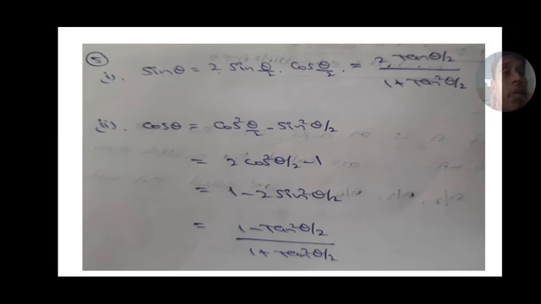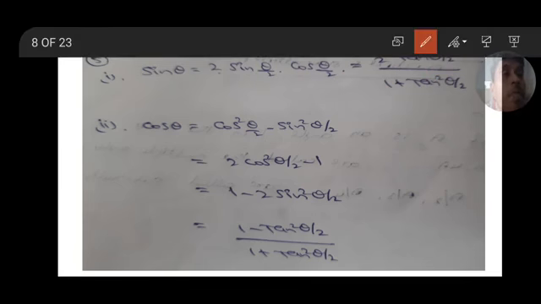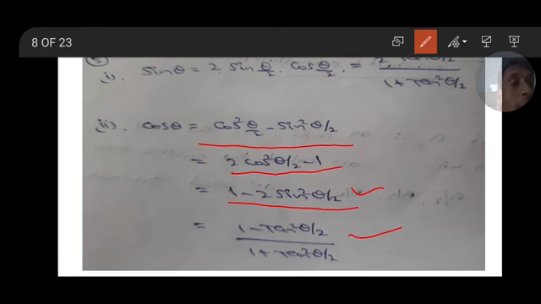Then the formula becomes sin theta equal to 2 sin theta by 2 into cos theta by 2, or 2 tan theta by 2 by 1 plus tan square theta by 2. Next, cos theta equal to cos square theta by 2 minus sin square theta by 2, or 2 cos square theta by 2 minus 1, or 1 minus 2 sin square theta by 2, or 1 minus tan square theta by 2 by 1 plus tan square theta by 2.